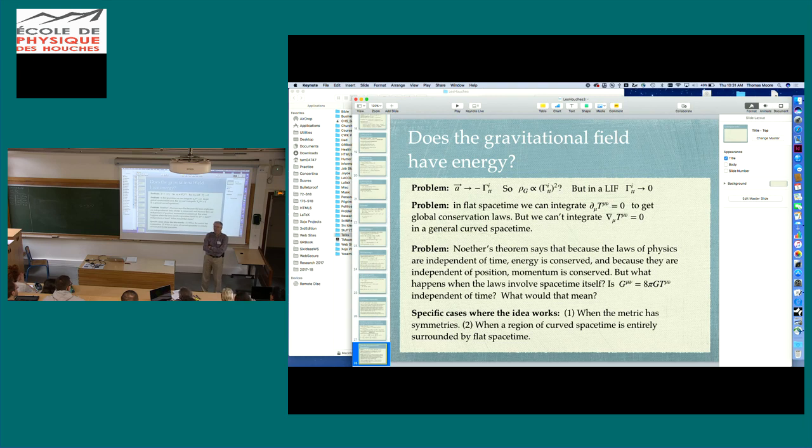Yes, there have been lots of attempts. So the question was whether people have tried to get useful ways of describing the energy in a gravitational field. And this is part of why this is contentious, is that some people have devised schemes for doing this, but the tensor quantities that they come up with are funny tensors.